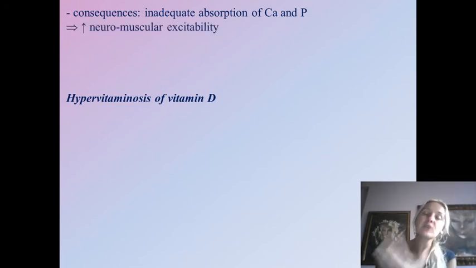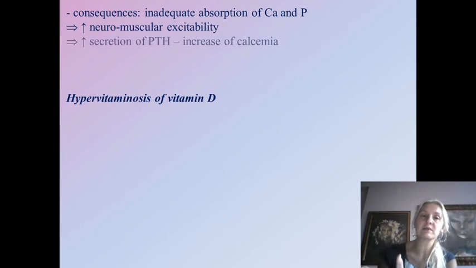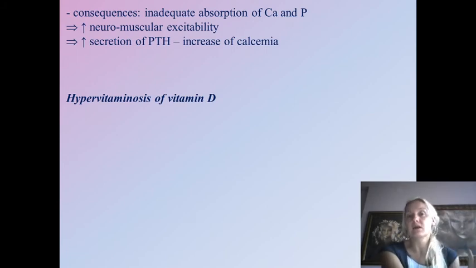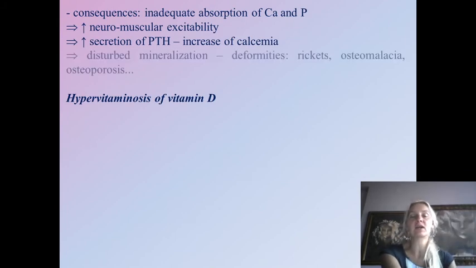So it increases neuromuscular excitability. It increases the secretion of parathormone, which is also activated in response to low levels of calcium in blood. So this is a function similar to that of D hormone, but in cases of vitamin D deficiency, PTH secretion increases.